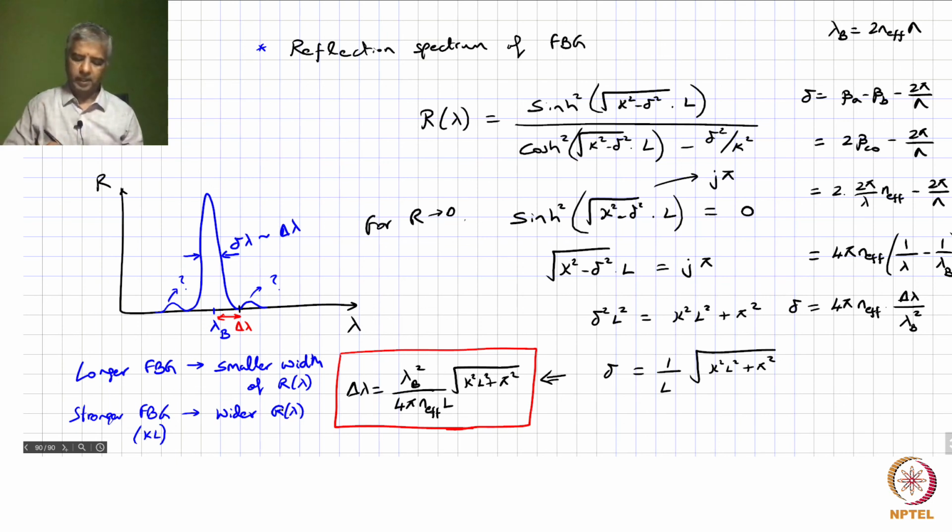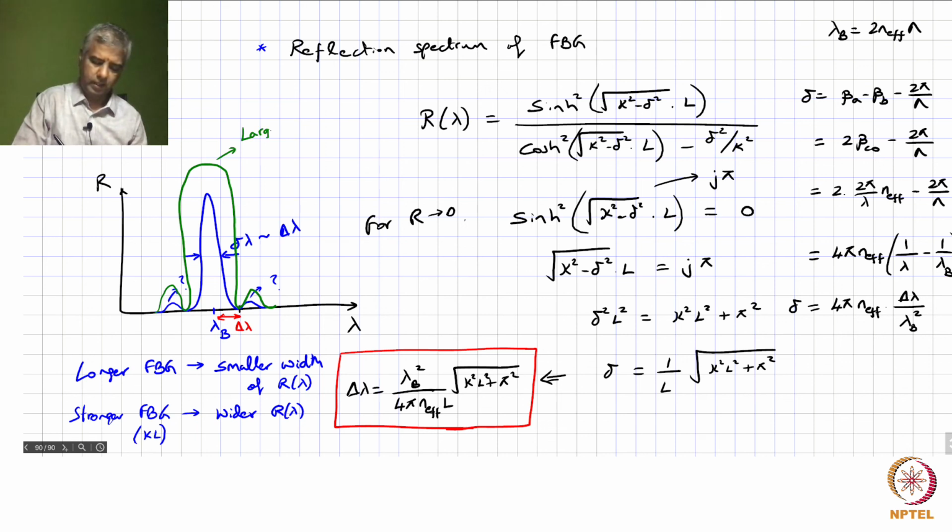If you try to enhance the reflectivity by going to larger kappa L, what you will most likely see is that it is going to look fatter. This is for a larger value of kappa L. In that case the width is going to be larger as well.